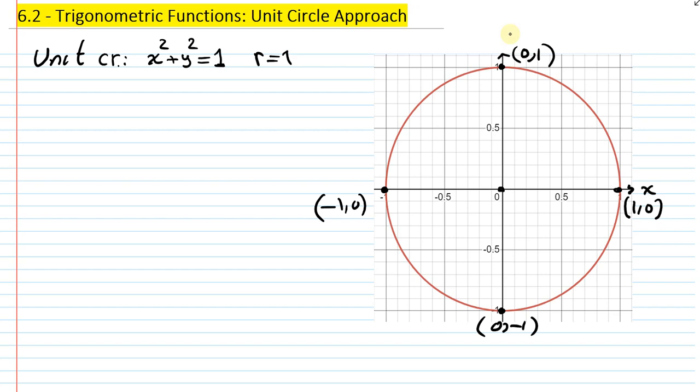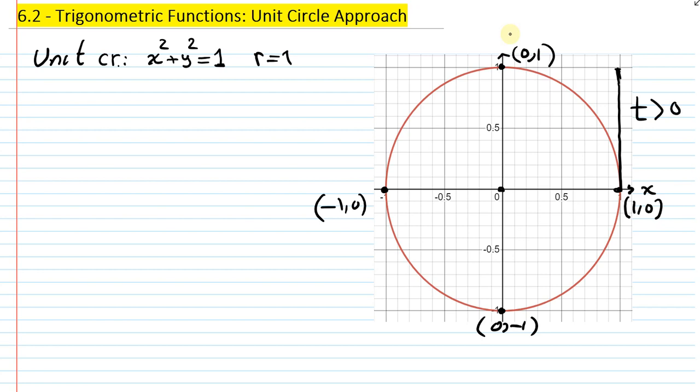Now, let's say I draw a line here, tangent to the circle. The length of this line is going to be, let's say, t, whatever t is, a positive value.